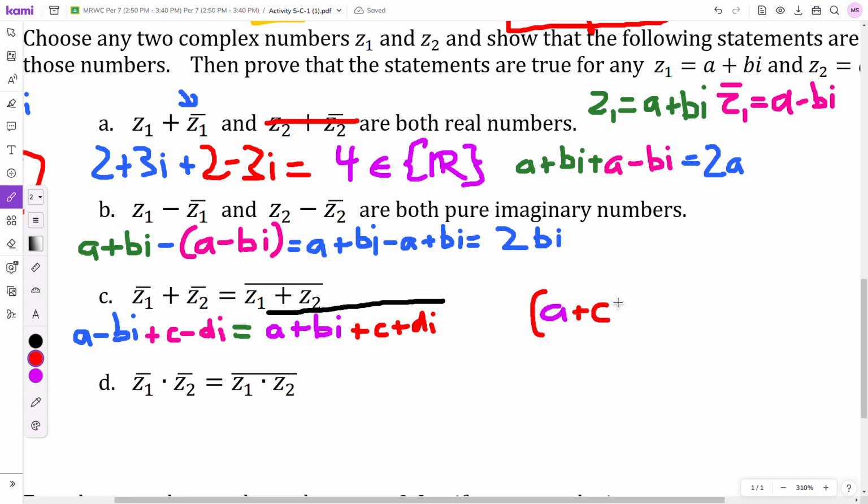So this is my real, my A value, so to say, even though I already used the letter A. Minus BI, well, BI here is BI plus DI. Right, so now I'm going to subtract the imaginary parts because that's what that is.